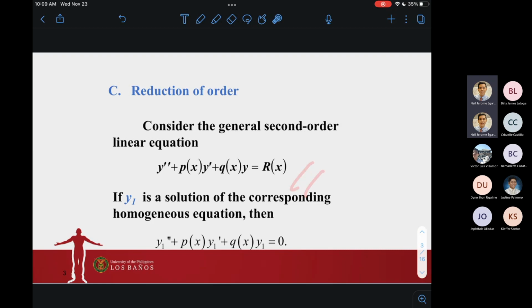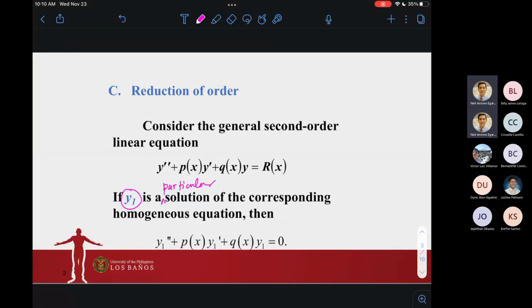So start tayo sa isang second order GLDE na non-homogeneous. Then I will assume that y sub 1 is a solution of the corresponding homogeneous equation. All right. Now, see y sub 1, take note, this is just a particular solution. So siguro to emphasize things, it is a particular solution of the corresponding homogeneous equation.